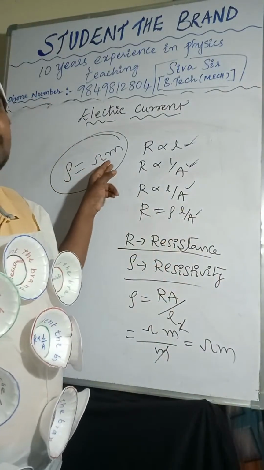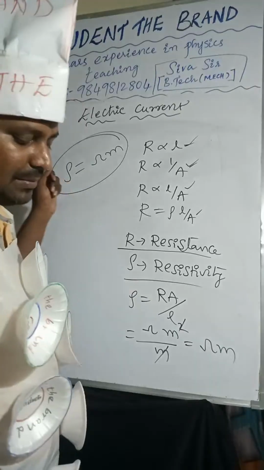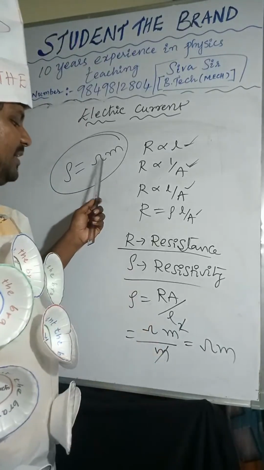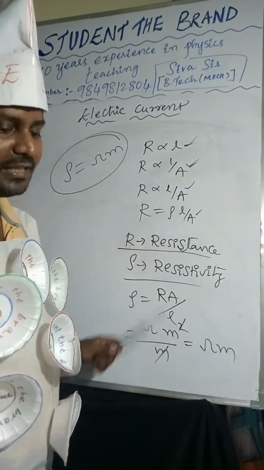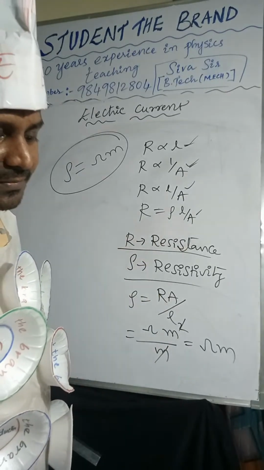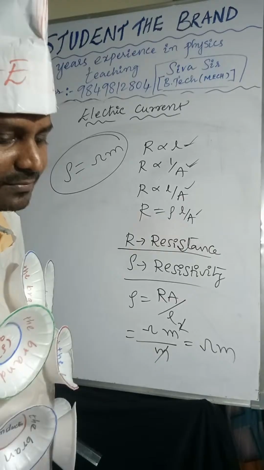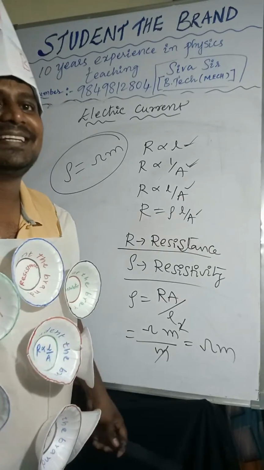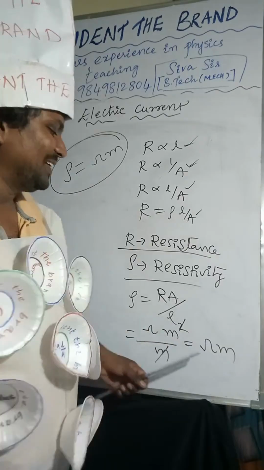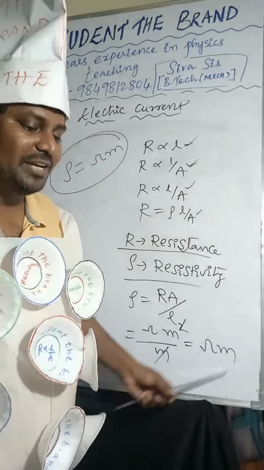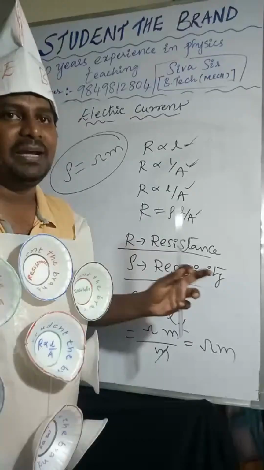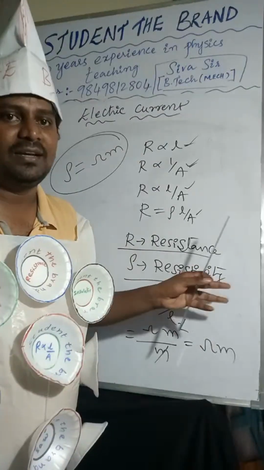Observe here, SI unit of resistivity is ohm meter. This derivation, they will ask for 2 marks. That's why I'm taking this, you are learning this concept.